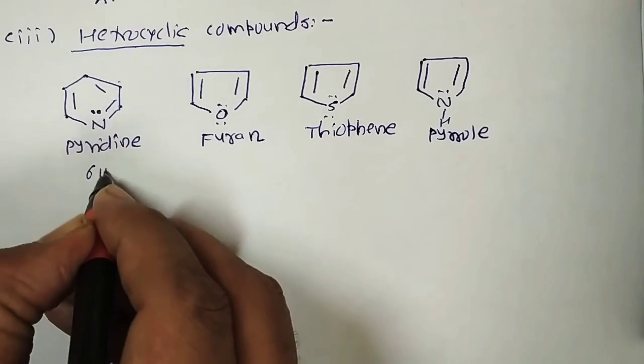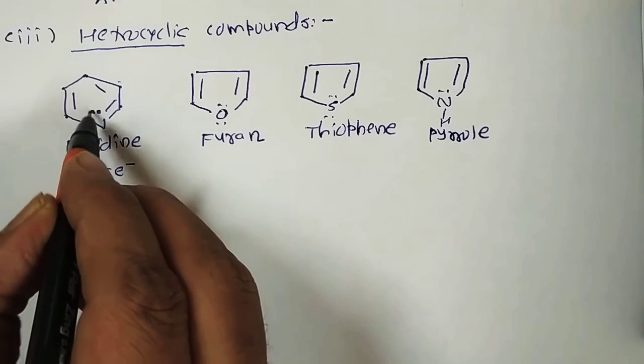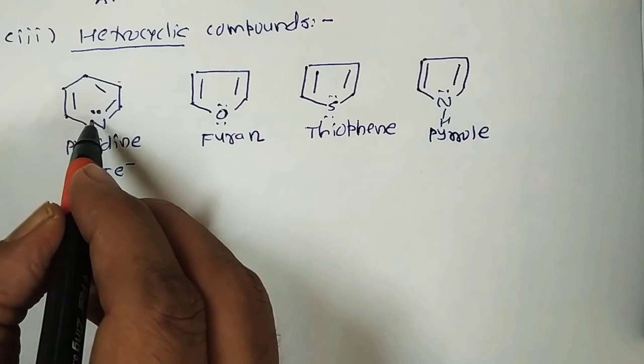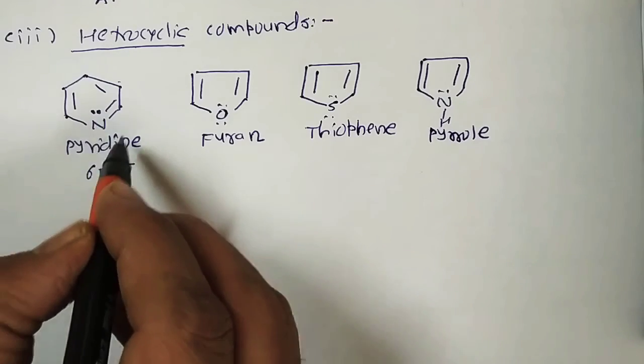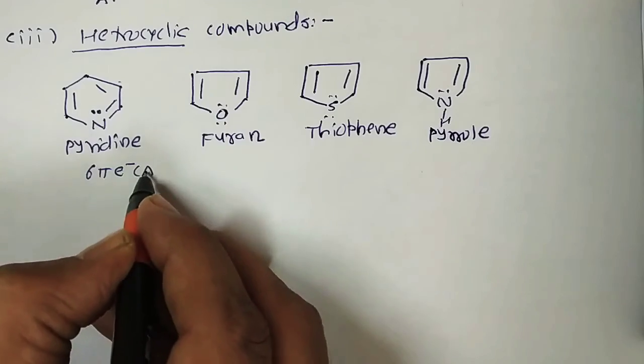So they have 6 pi electrons, because 2 plus 2 plus 2, perpendicular in nature. Okay, so the lone pair of electrons of the nitrogen atom is present in an sp2 orbital, which, being in the plane of the ring, does not contribute towards the aromatic ring. So that's why it has 6 pi electrons and our compound is aromatic in nature.